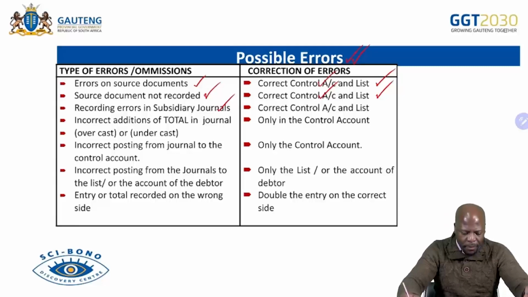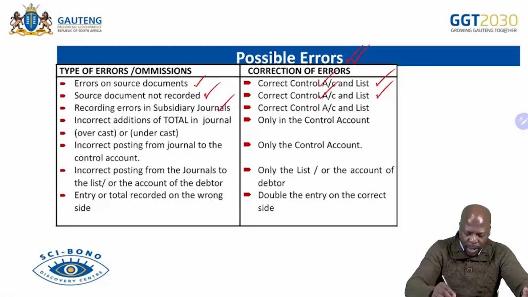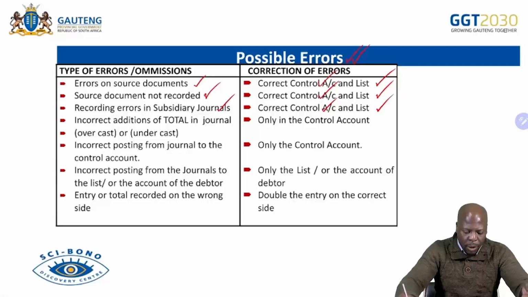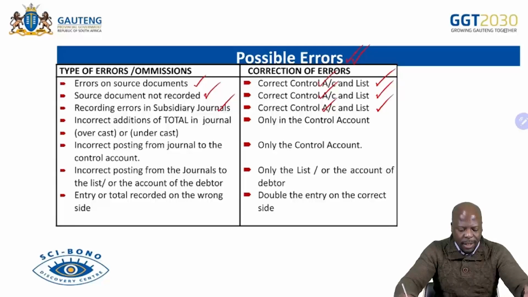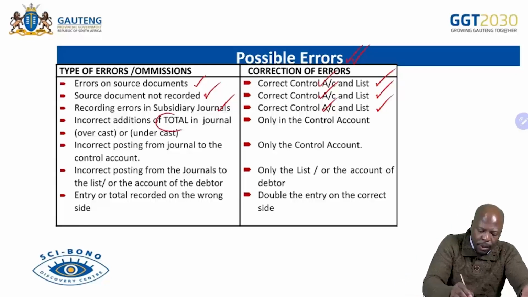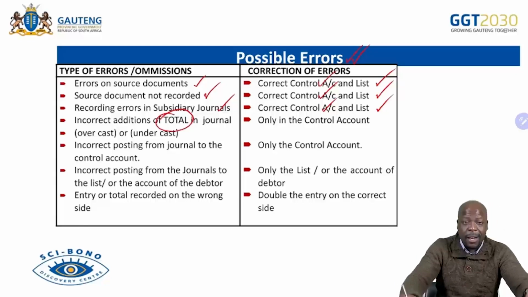But when there's a recording error in the subsidiary journals, we correct it in the control as well as in the list. And then if incorrect addition or total in the journal, we're talking about overcast or undercast. If it has to do with totals, the key word here is totals, casting errors.